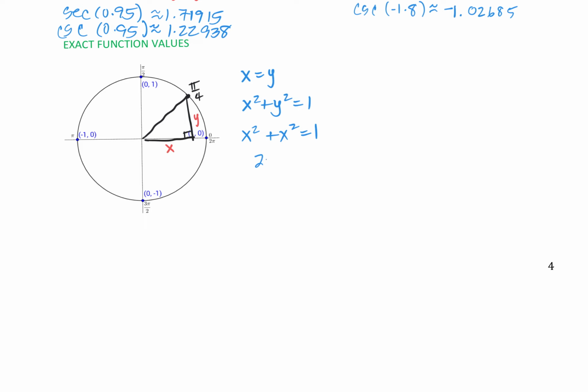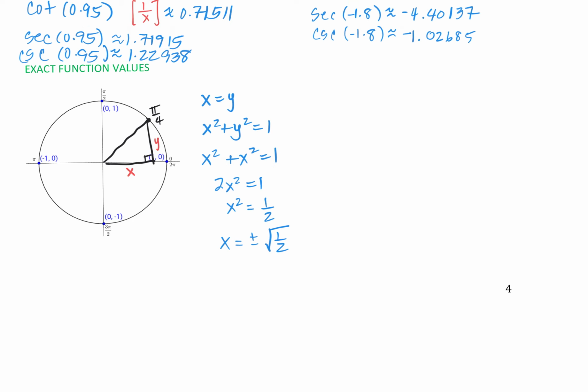Now I have 2x squared is equal to 1, or x squared is equal to 1/2. Square rooting both sides, remember, we have this plus minus whenever we square root. So x is going to be plus or minus the square root of 1/2. Now I'm in quadrant 1, so I know in quadrant 1 my x value is going to be positive.